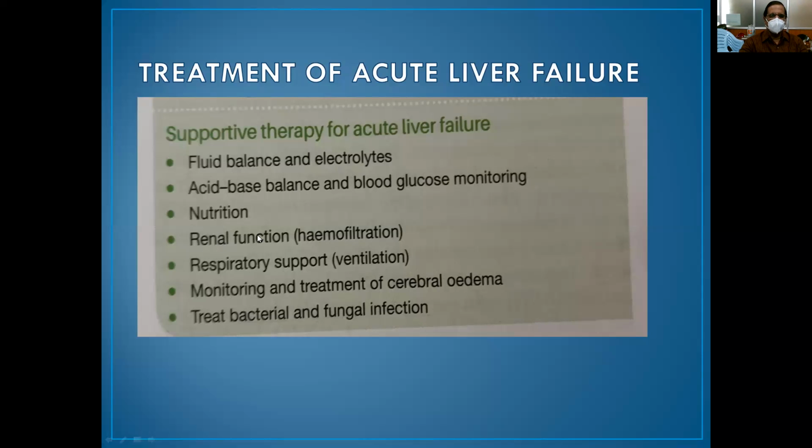As I already told, whenever there is liver dysfunction, the patient also develops renal dysfunction. That is called hepatorenal failure. So it requires hemofiltration and respiratory support, that is ventilatory support, and continuous monitoring and treatment for cerebral edema, because the patient may develop cerebral edema, and treatment of infections, particularly bacterial as well as fungal infections.